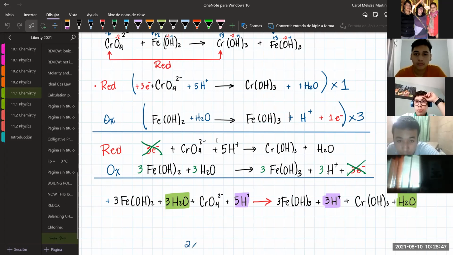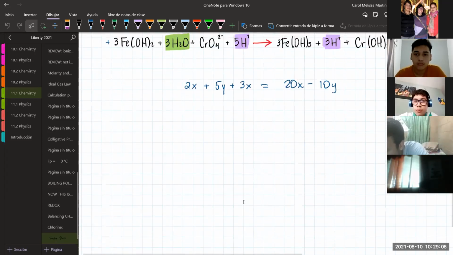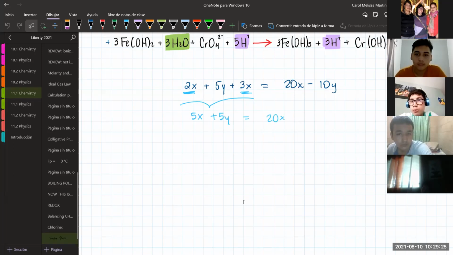For example, 2x plus 5y plus 3x equals, I don't know, 20x minus 10y. For example, in math, what do you do? You notice that you have like terms, so you add them, okay? Because they are in the same side in the equation, okay? So you will have in total 5x plus 5y equals 20x minus 10y.